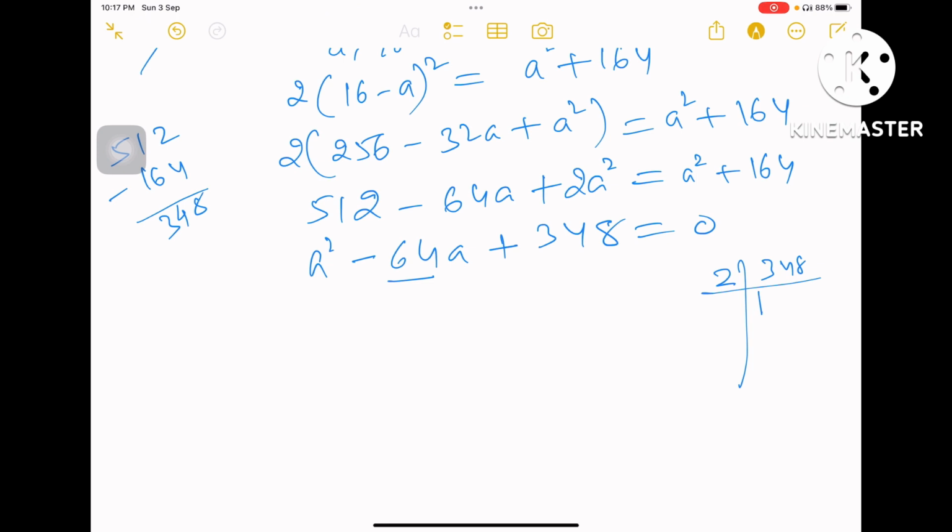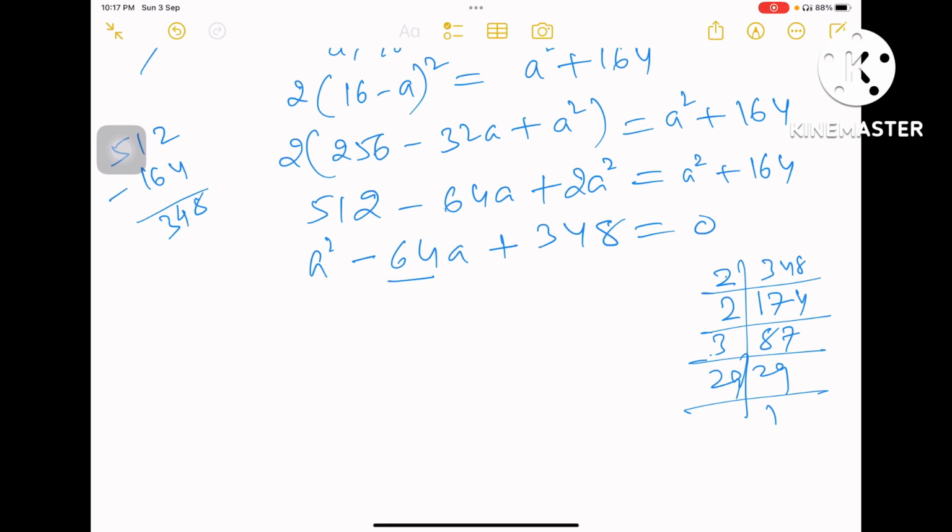Start with 2, 174, 2, 87, 3, 29, 29, 1. So the factors are 2 2s are 4, 4 3s are 12, and 29. 12 and 29.